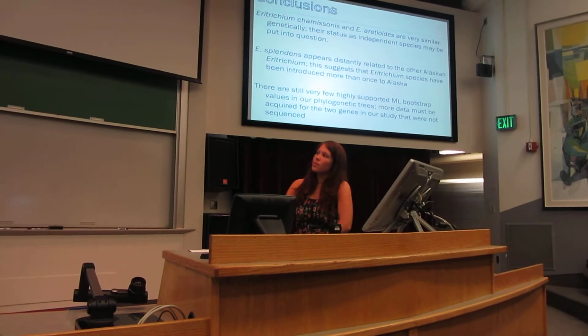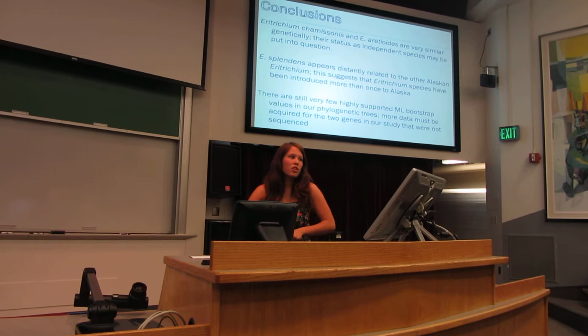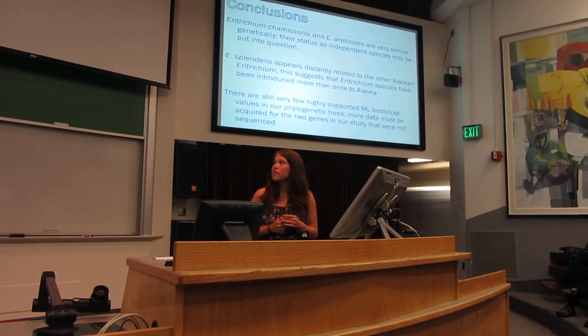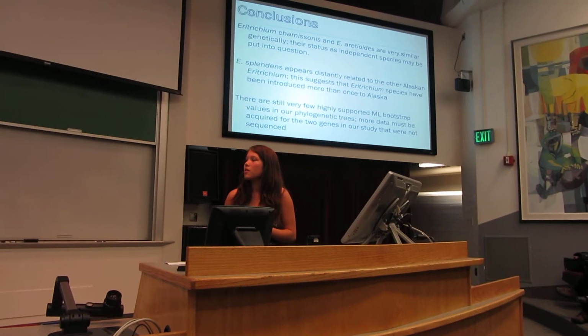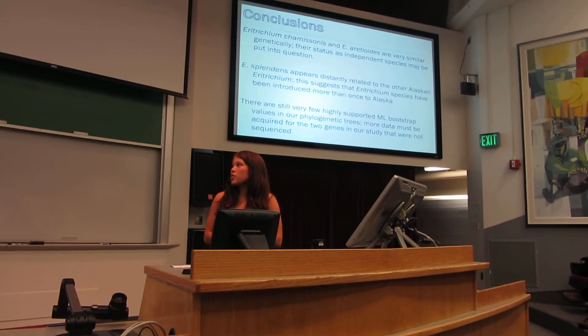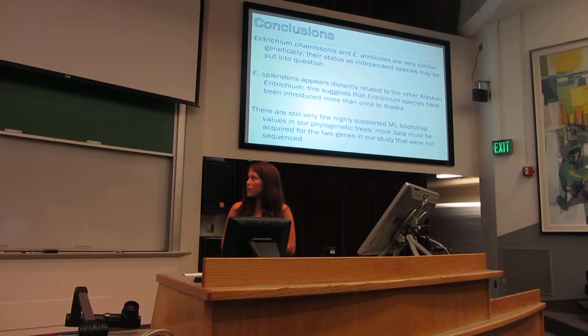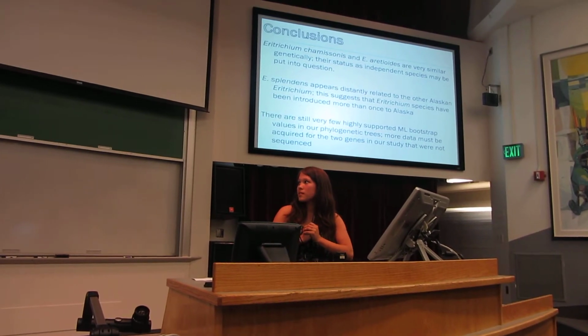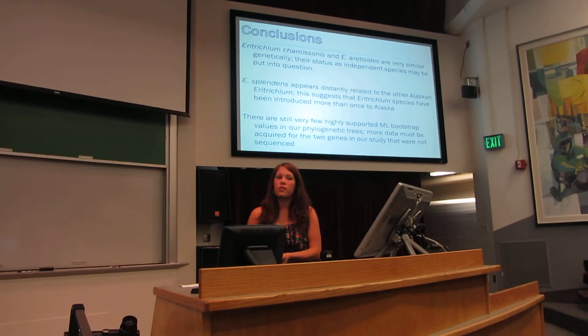So basically, this is what we concluded from our tree: Eritrichium chamissonis and aretioides are very similar genetically, and their status as independent species may be put into question. And Eritrichium splendens appears distantly related to the other Alaskan Eritrichium, and that suggests that Eritrichium species have been introduced more than once to Alaska.